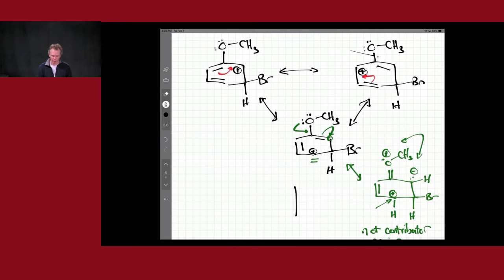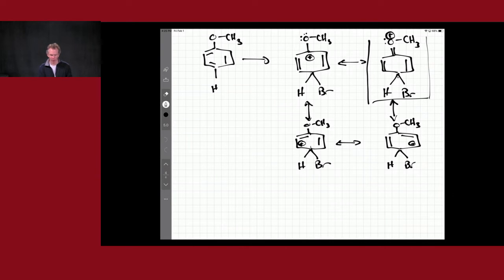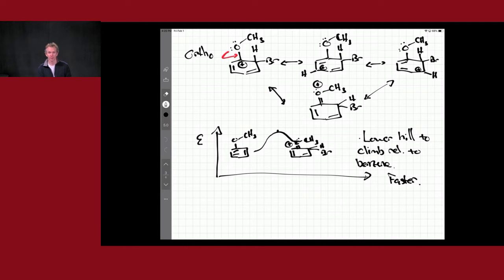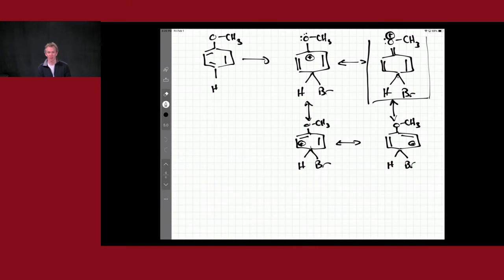We're really just looking at the contributions of the resonance forms that I've drawn in black here. These are my 3 major ones, but none of them have a completed octet on carbon. So the barrier to get here and the stability of this cation should be less than the other 2 that we talked about, where we did the substitution at ortho, or the substitution at para here.